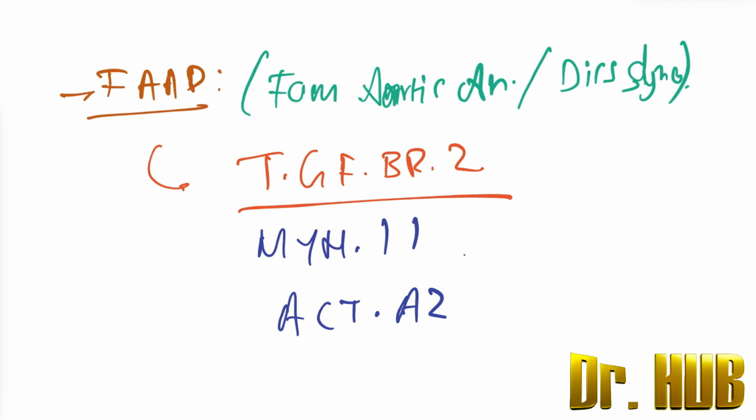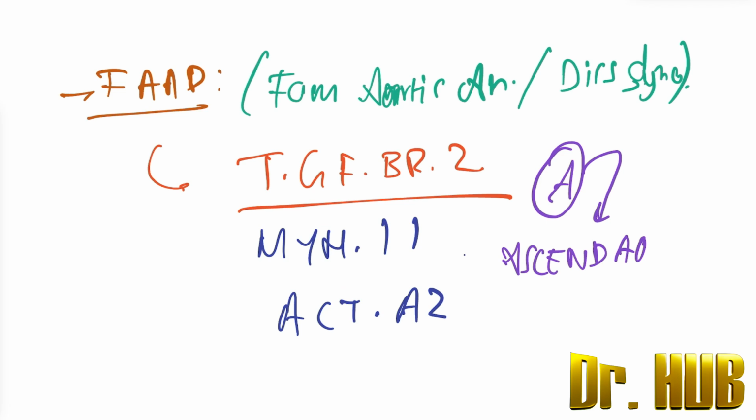All these are the familial aortic aneurysm or dissection syndromes. The aneurysm seen is the ascending aorta aneurysm as well as dissection.